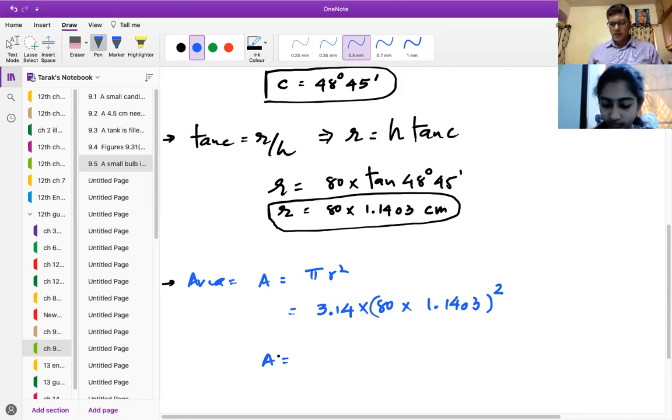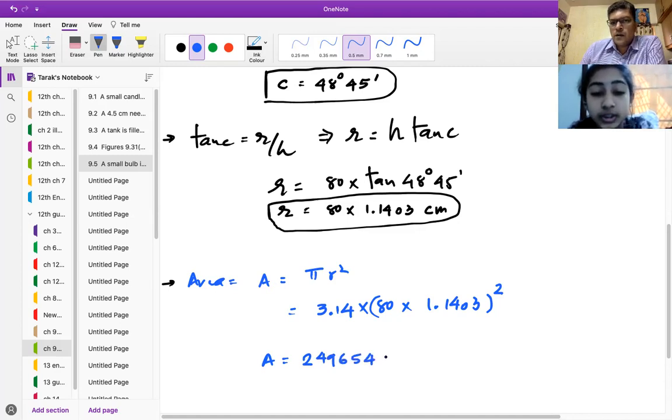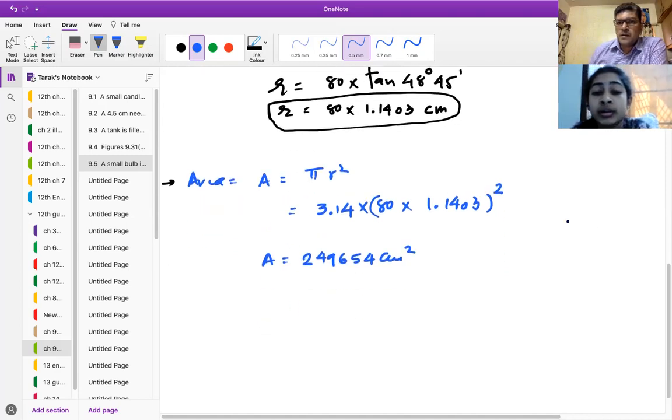Okay, it is 249,654 centimeters square, but it looks too large for centimeters.